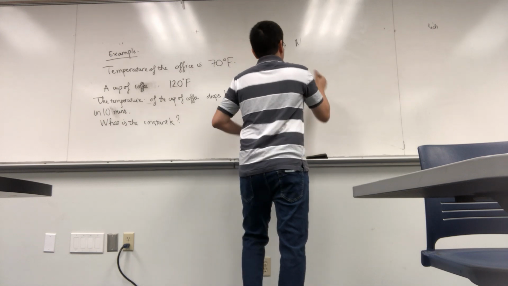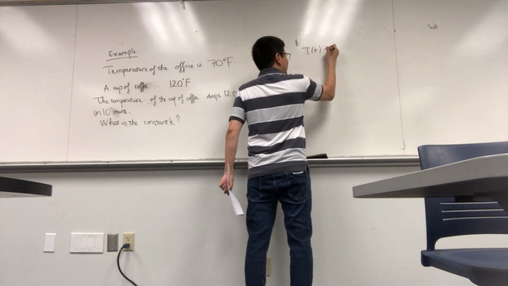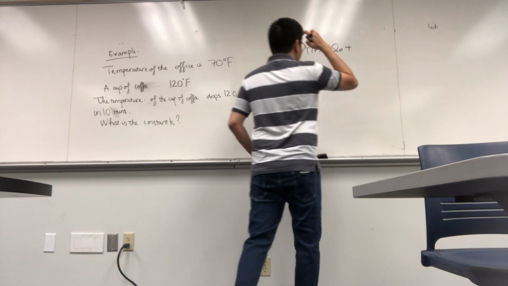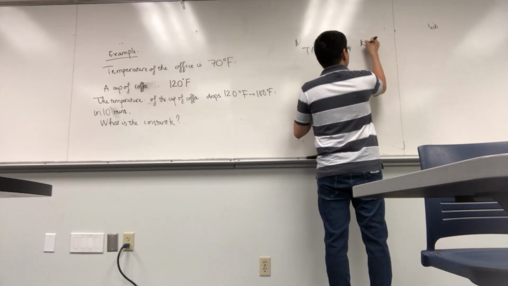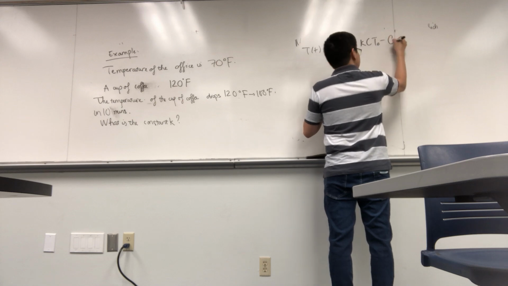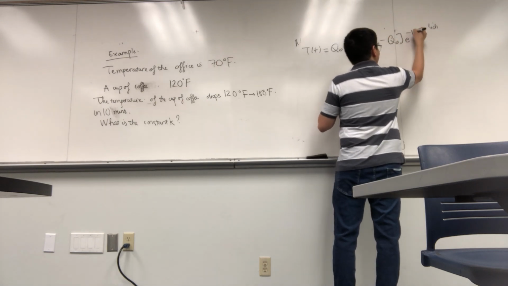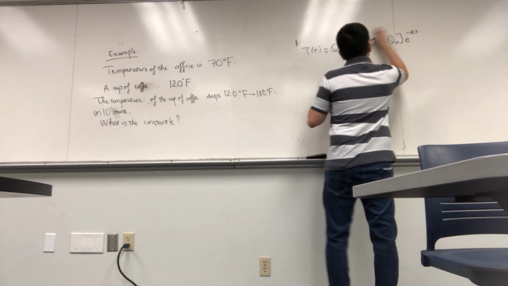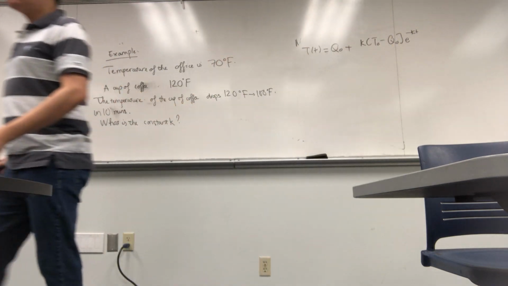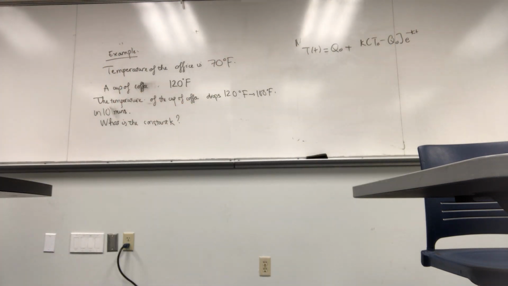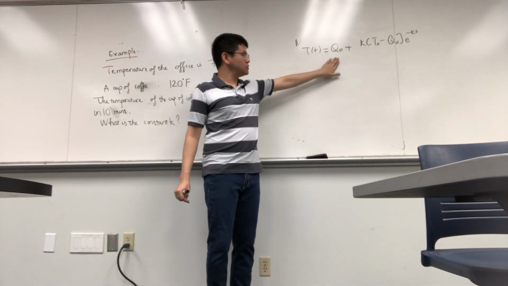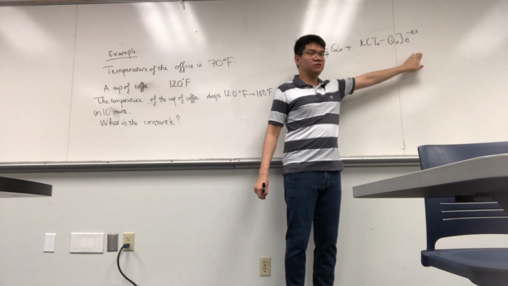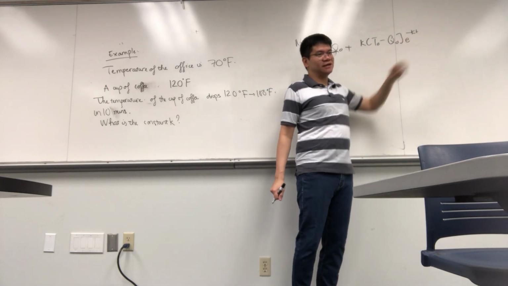The solution that we had before was q0 plus T0 minus q0 times e to the power minus kt. The solution has this form, right? So T of t is q0 plus T0 minus q0 times e to the power minus kt.